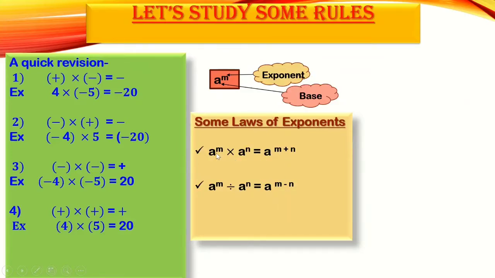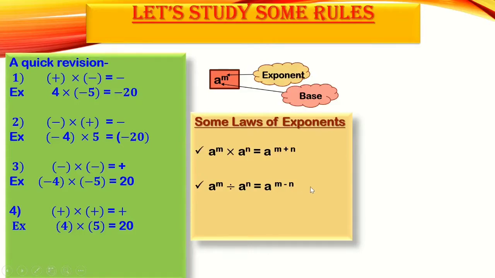So let's study. When there are two terms having the same base but different exponents and they are getting multiplied, how are we going to multiply them? So the answer will be the same base and the exponents are getting added. And if we have terms with the same base but different exponents and they are getting divided, in that case we are going to subtract the exponents.